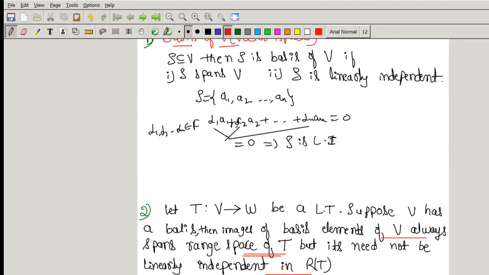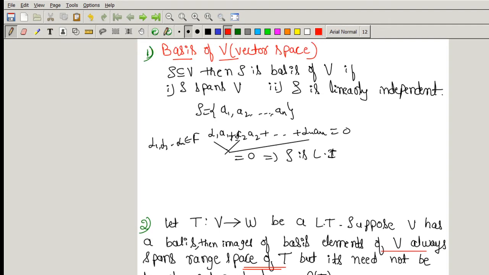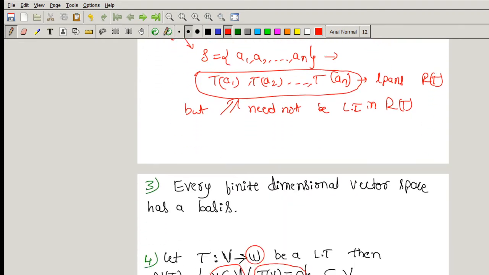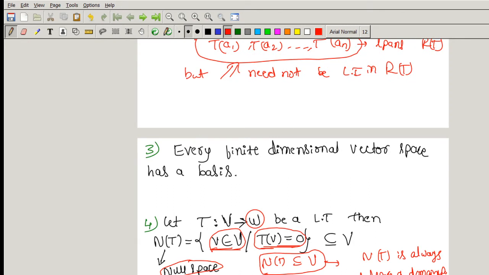So a basis means a set that is linearly independent as well as spans the vector space. Images of basis elements of the domain space always span the range space of T, but the set need not be linearly independent.